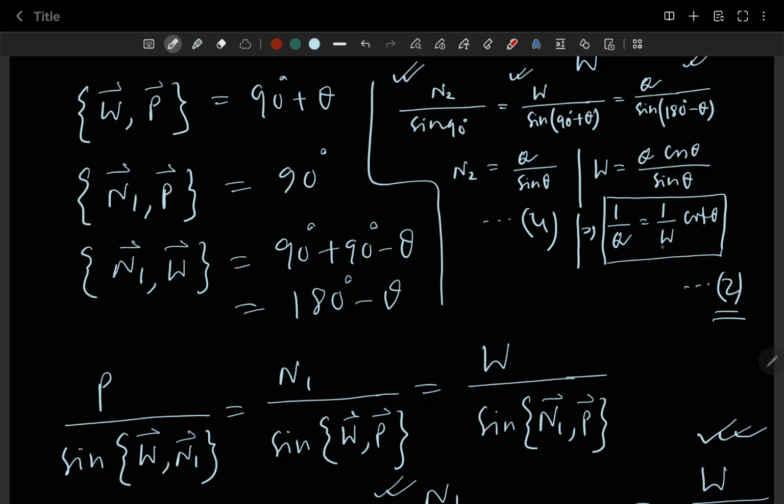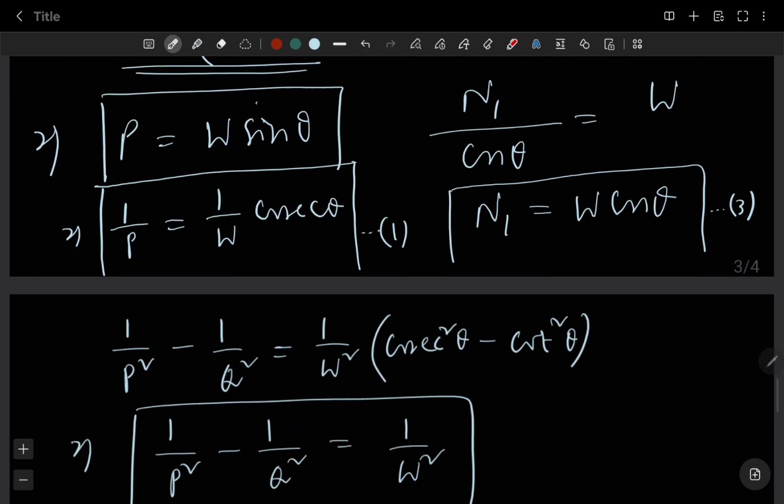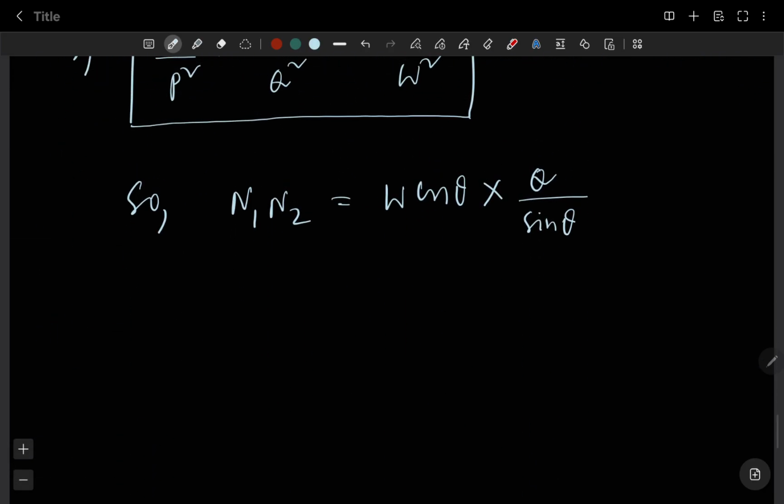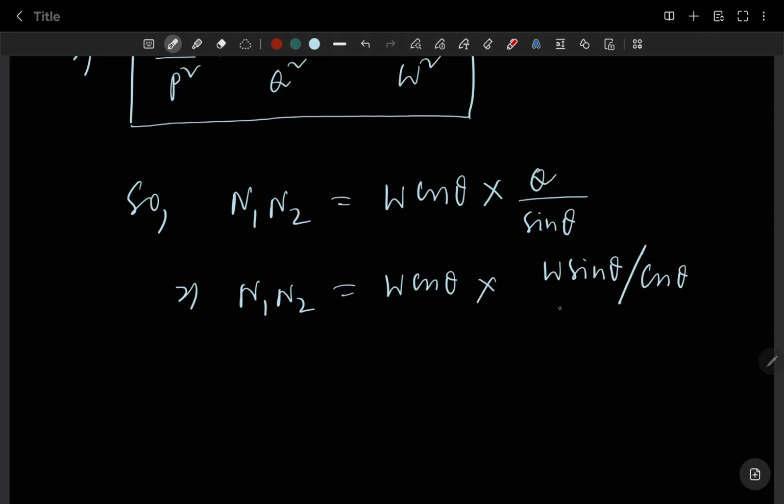From equation 2, Q equals W sin theta by cos theta. So you get W sin theta by cos theta by sin theta.